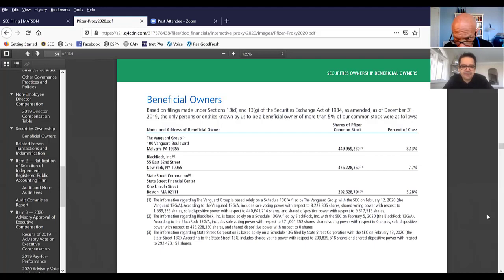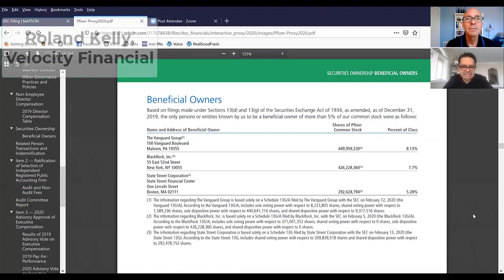And if multiple entities are listed, sometimes Vanguard Group, for instance, might have different entities listed, you may want to include some of the different entities as well. It just depends on what they've disclosed in their 13G or 13D.